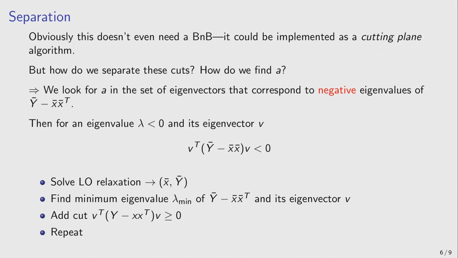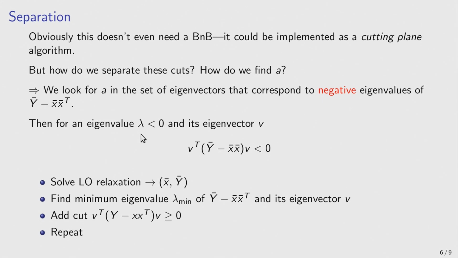So tell me what A can be suitable here. Well, it's on the slide, but basically all you need is a minimum eigenvalue, which you can find very easily. Of course, the minimum eigenvalue has to be negative, because otherwise the matrix would be positive semi-definite.